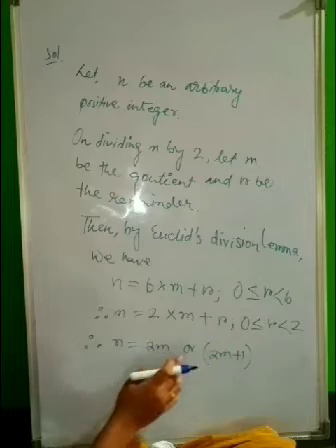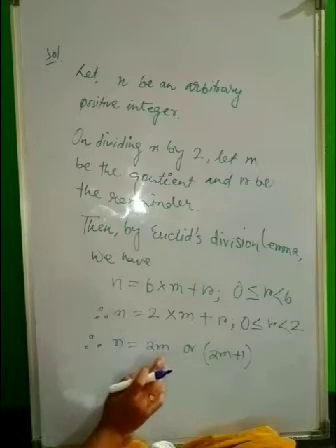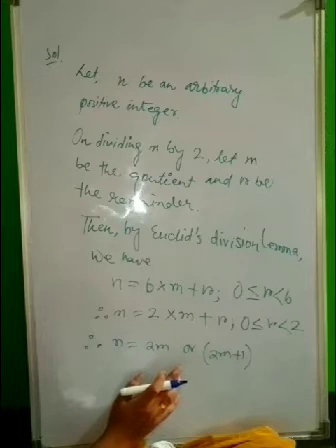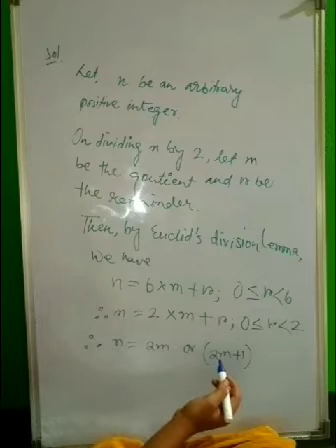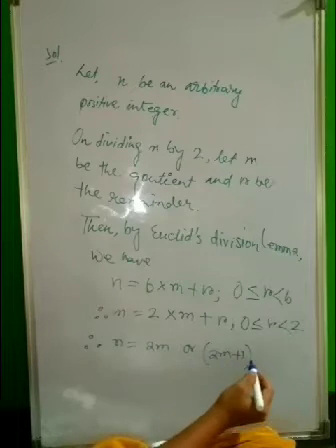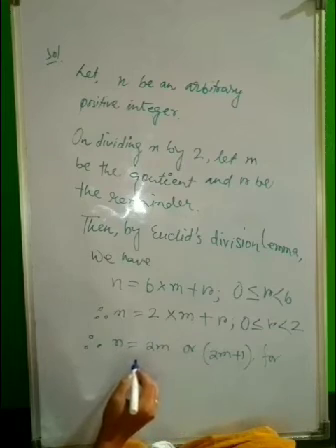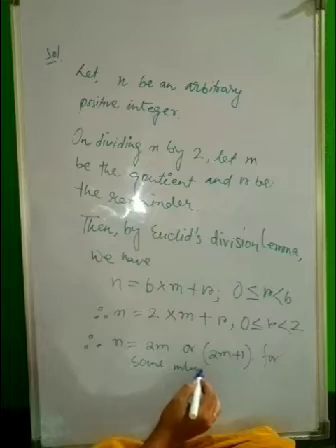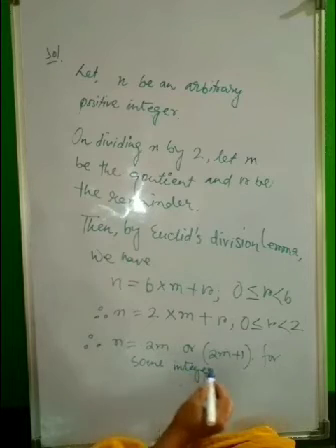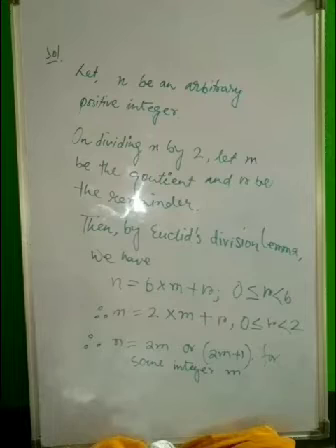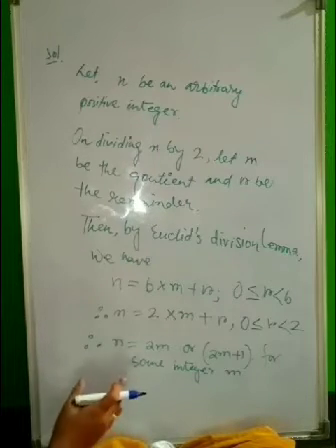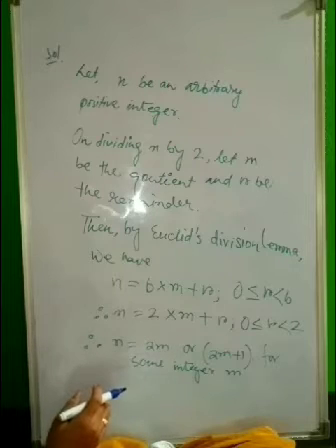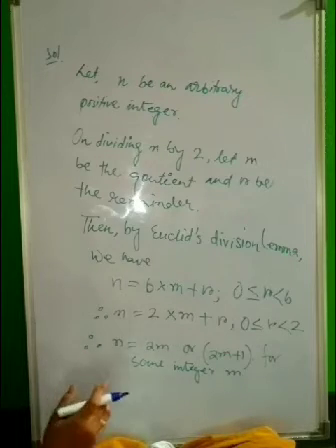How can we get this 2m or 2m plus 1 from the question? This 2m or 2m plus 1 is for some integer m. Try to understand one thing here.